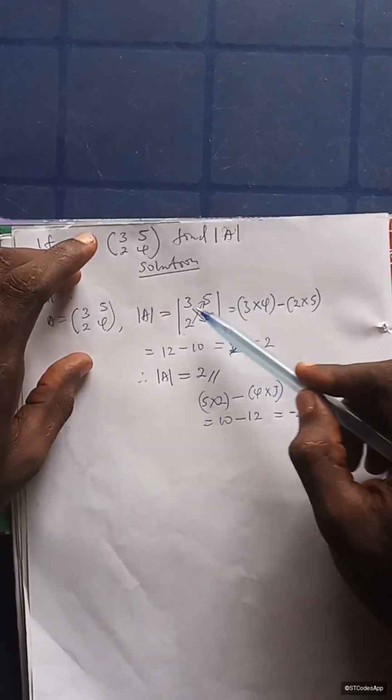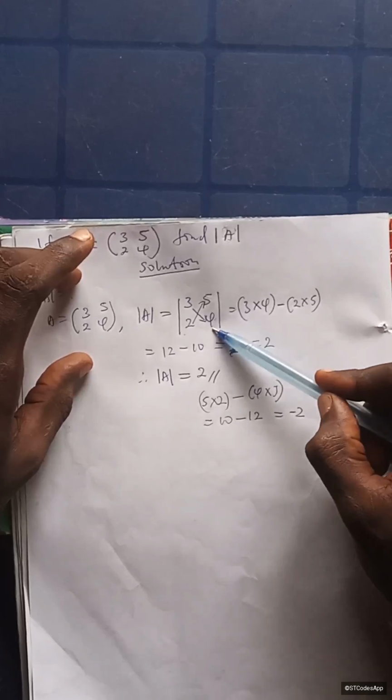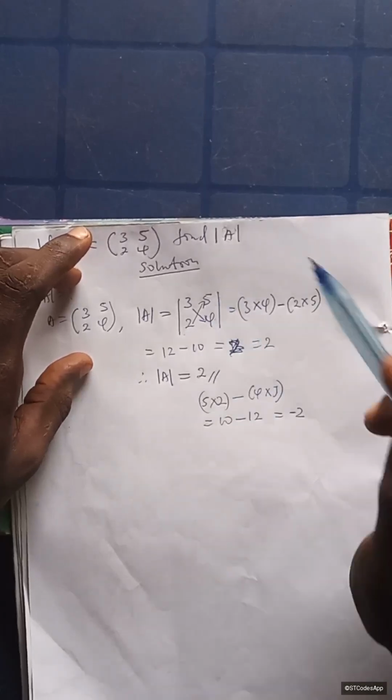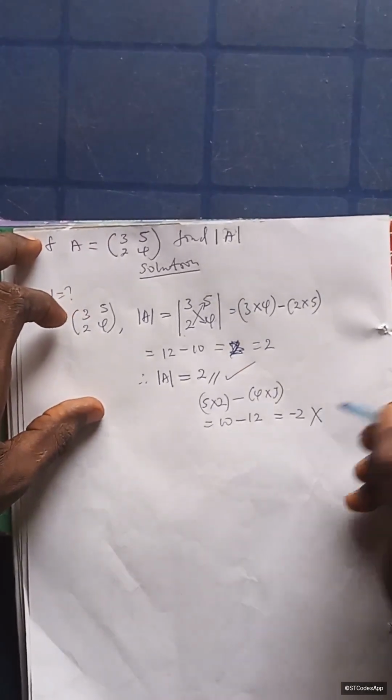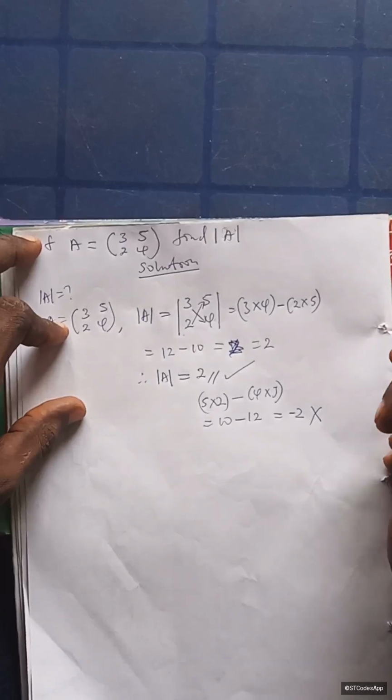You must multiply this and this first before multiplying this and this. You can see the difference here. So the correct answer is this, while this one is the wrong answer.